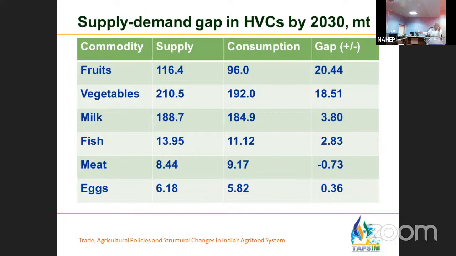Similarly milk, under the consumption of 84 and the milk of 88. In fisheries we are in surplus, and for fish and meat we are just sufficient or in a little bit of deficit.